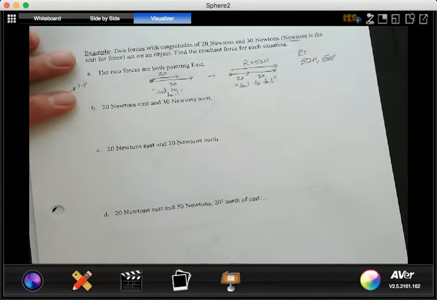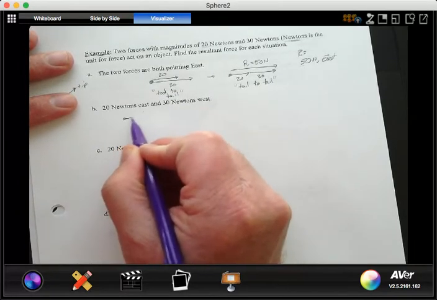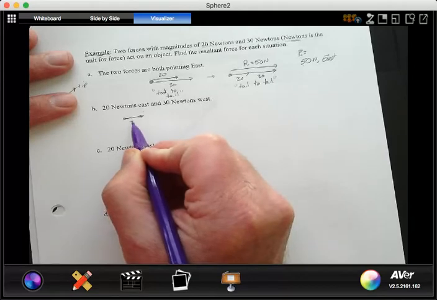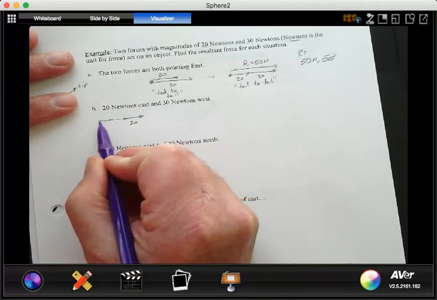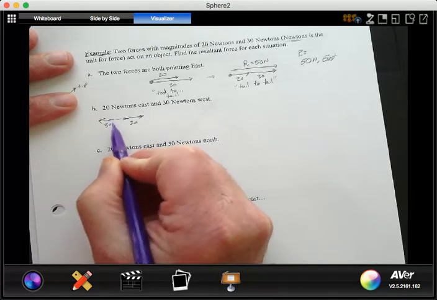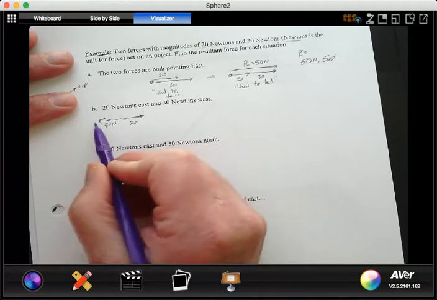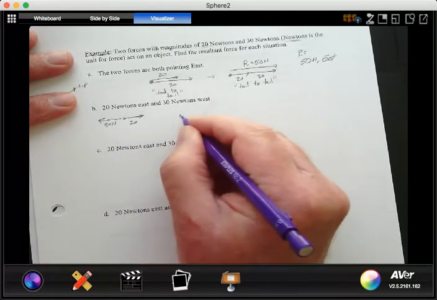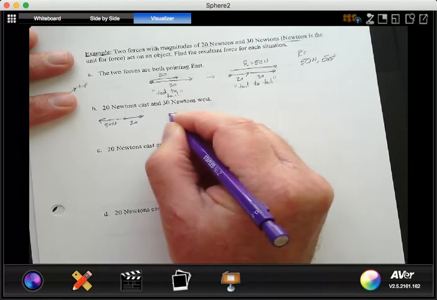My next one, 20 newtons east and 30 newtons west. So 20, and 30 this way. Okay, they're tail to tail. All right. The 30 is going to win. And when I redraw it tip to tail, I'll have my 20 here. 30 has to be longer going the other way.